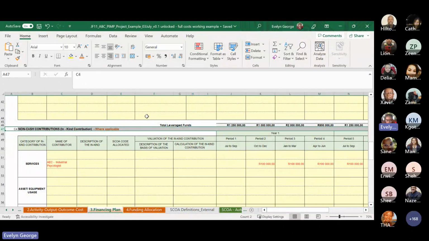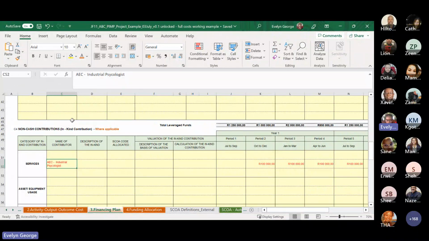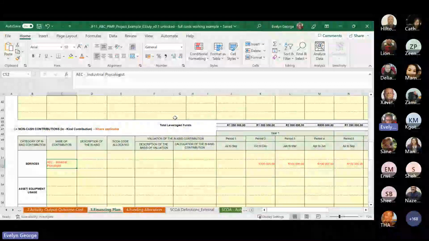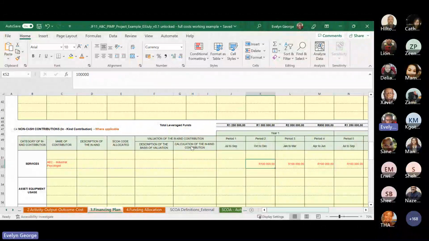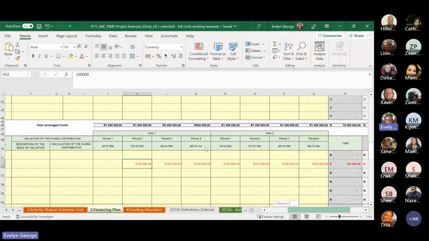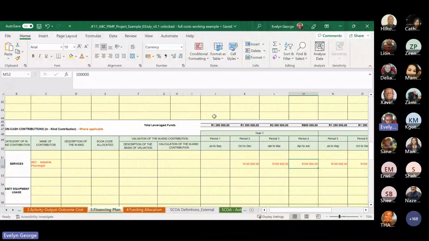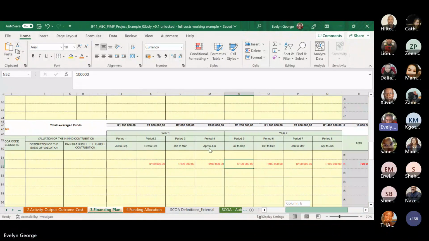In this case, there's an industrial psychologist whose services are being offered basically for free to the project, but we do cost it. We see that it carries a 700,000 rand cost. We include it as an inflow.